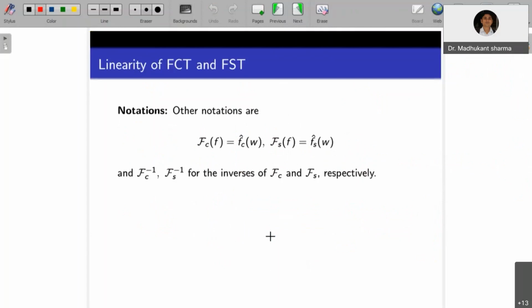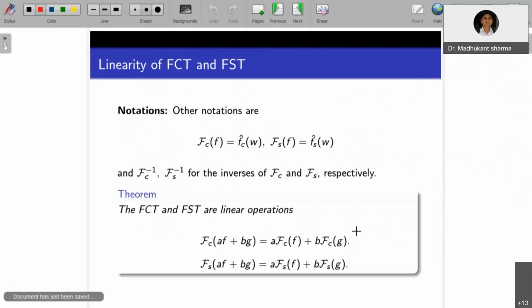Now these are the other notations for the Fourier cosine transform and Fourier sine transform, and these are the notations for their inverses respectively. Further, because they are represented by integrals, and you know the linear property of integrals, integral is linear with respect to addition and scalar multiplication.